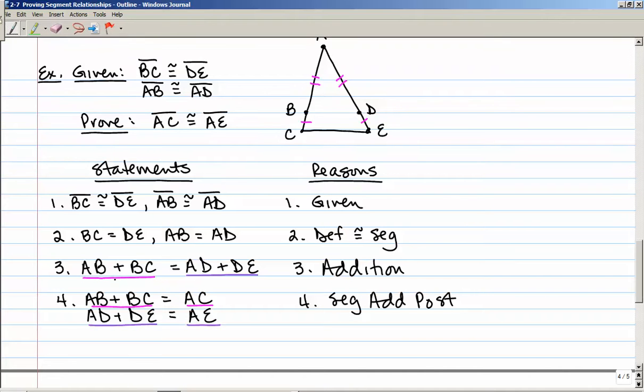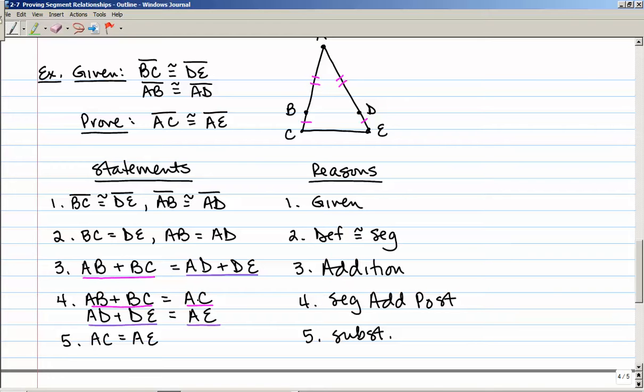So again, in step 3, if the pink stuff is equal to the purple stuff, and this is pink stuff in step 4, and this is purple stuff in step 4, then I can say, if pink equals purple, I can say AC equals AE. Again, pink equals purple, all I did was substitute.